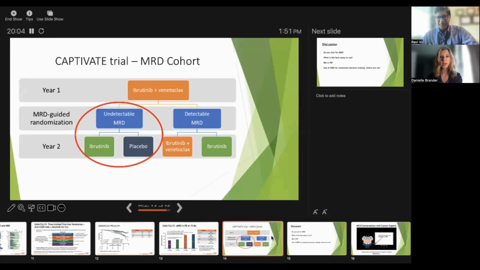Yeah, absolutely. So CAPTIVATE is a combination study of ibrutinib plus venetoclax, but asked a couple important questions, and hence there were also MRD-guided randomization steps. So in the MRD-driven cohort, after patients were treated with the ibrutinib venetoclax combination, they were tested for measurable residual disease or not.